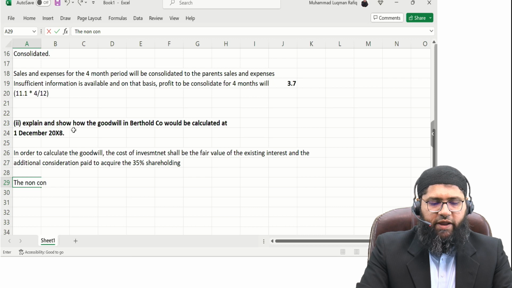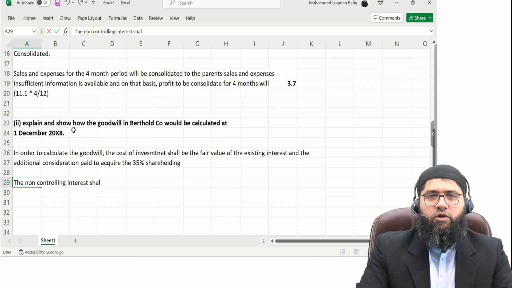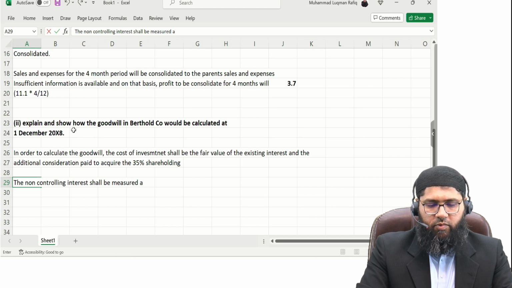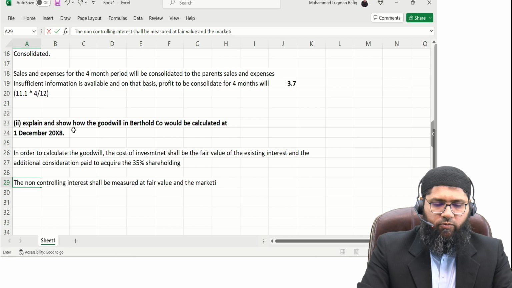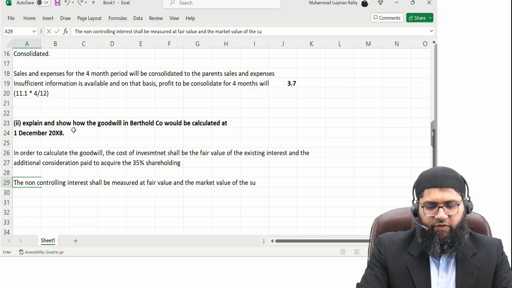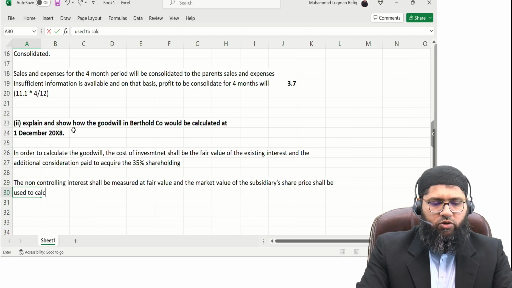The non-controlling interest shall be measured at fair value, and the market value of the subsidiary's share price shall be used to calculate that.